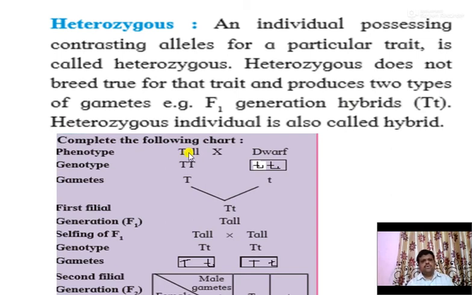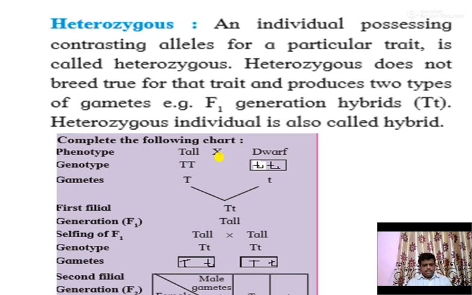This one is pure for tallness, this one is pure for dwarfness. So it is a cross between two pure parents differing in a single pair of contrasting characters. So this is called a monohybrid cross.